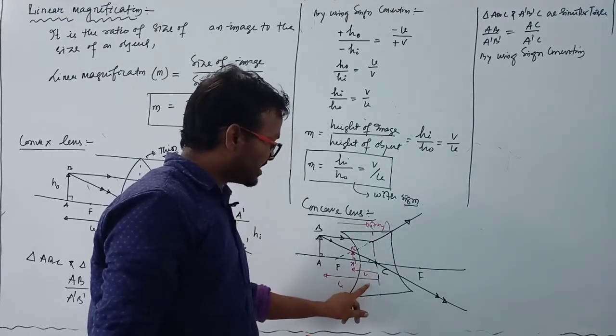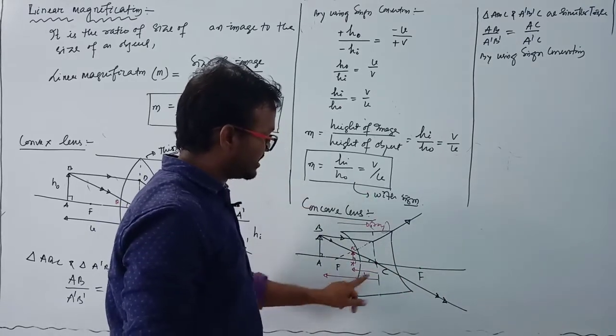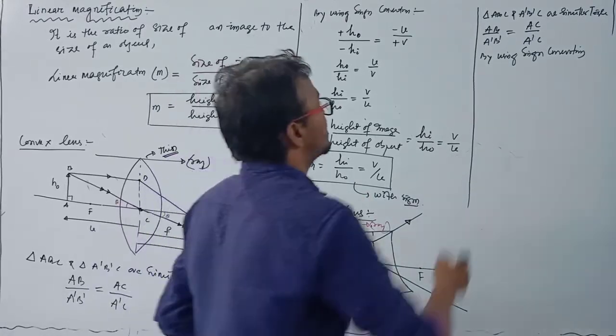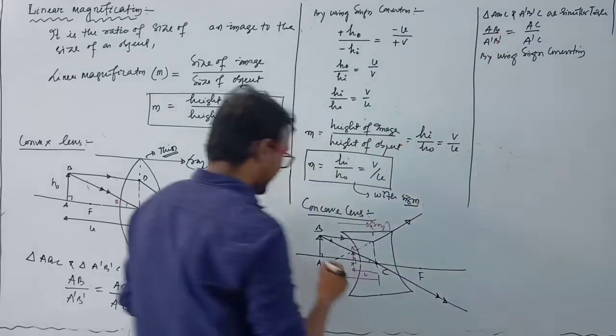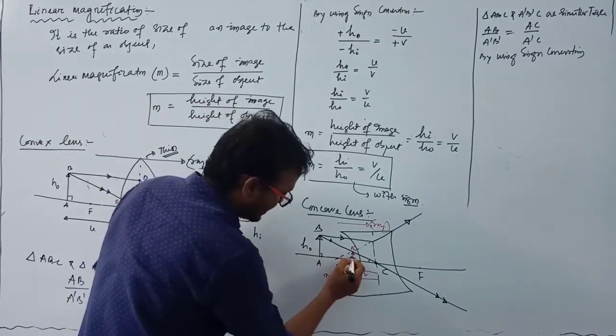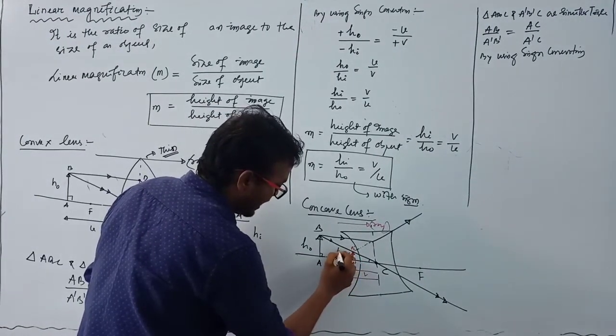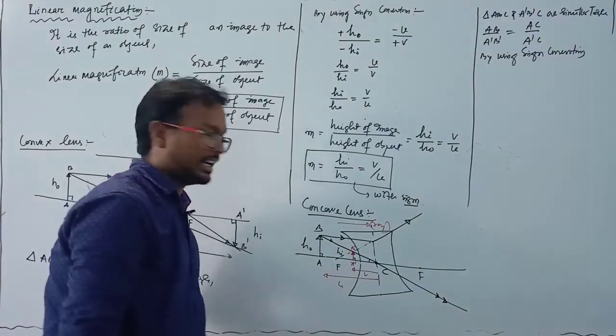So these two distances are measured opposite to the incident ray, then here object distance and image distance will be negative sign. So AB means h naught, and this is the height of image, so you can write height of image equal to hi.